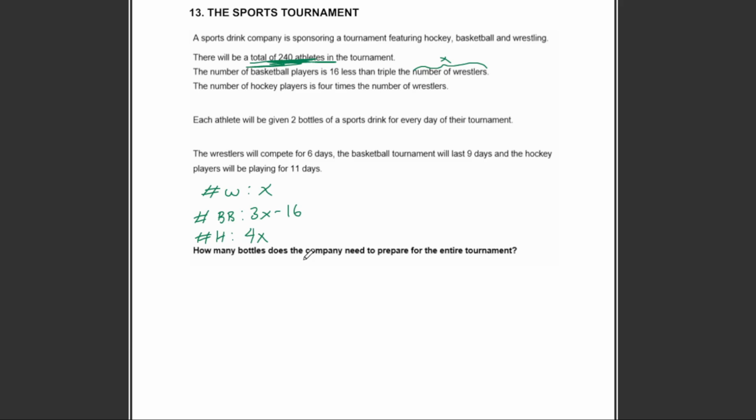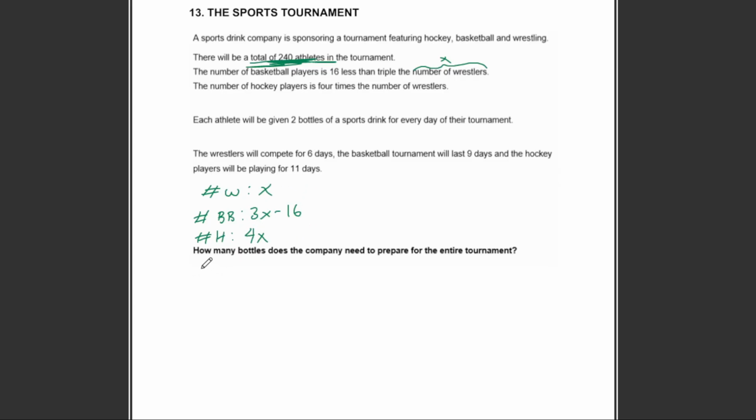So like I said before, I know there's a total of 240 athletes. When you see a total of a number, okay, total of 240, that's a big hint that that's what you're going to use for your equation. So I know in total there's 240 athletes, which means I take all 3 of these algebraic expressions.